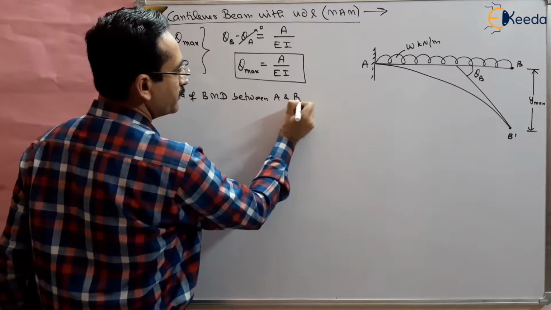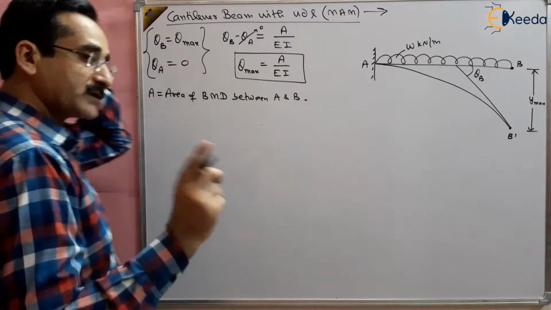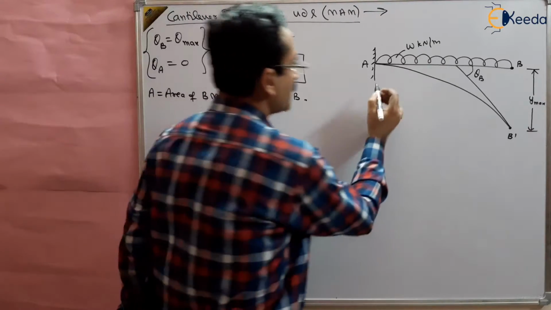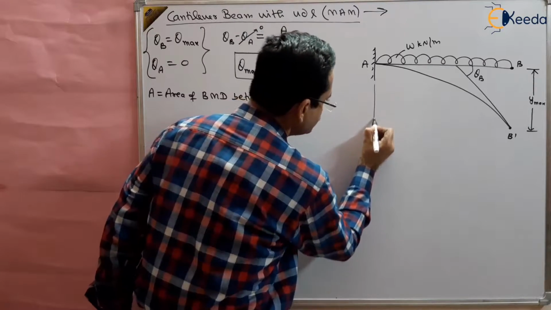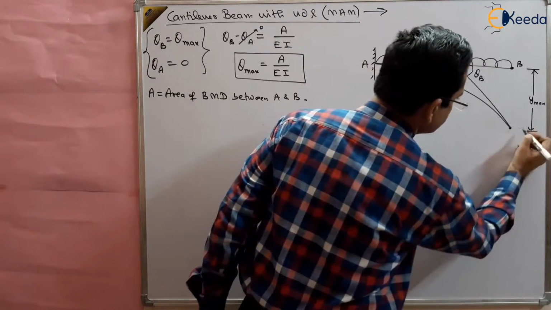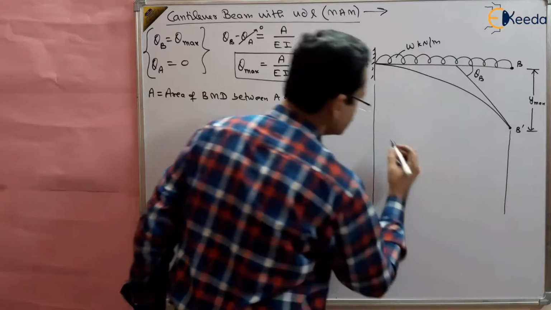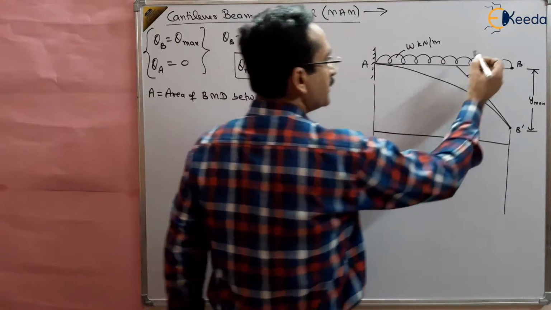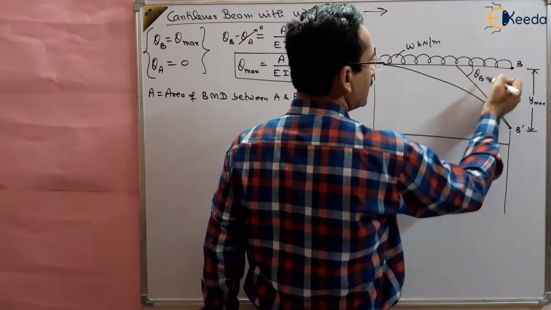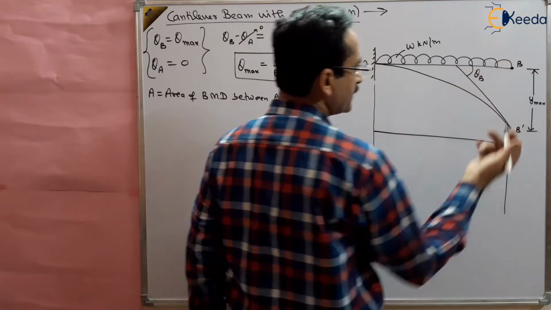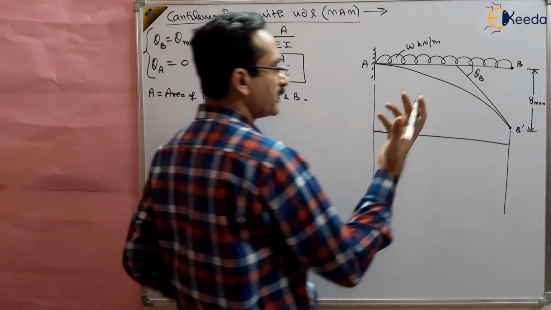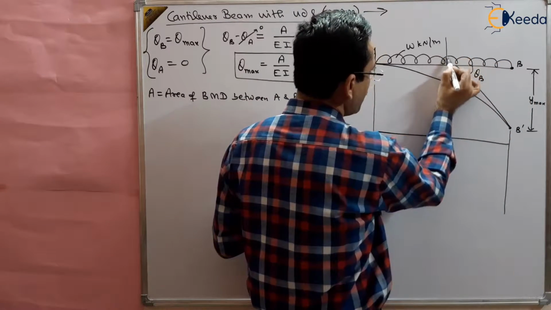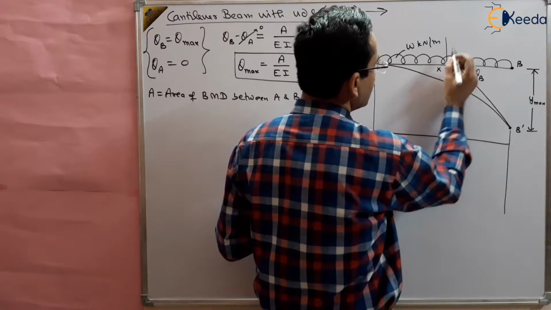Now first of all we have to draw the bending moment diagram so that we can find out the area. Take the section here. We have already done this in our shear force and bending moment diagram lectures. You can go there, or you can do it separately here.